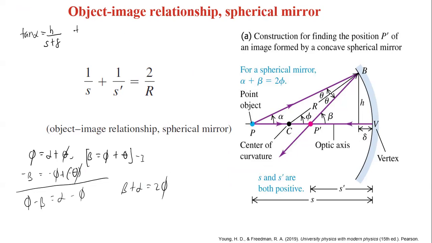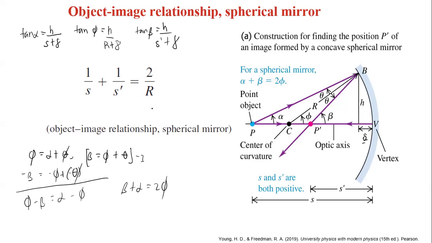And the tangent of phi is equal to the distance h over r plus this distance here. Tangent of beta is equal to the height over s prime plus this one.